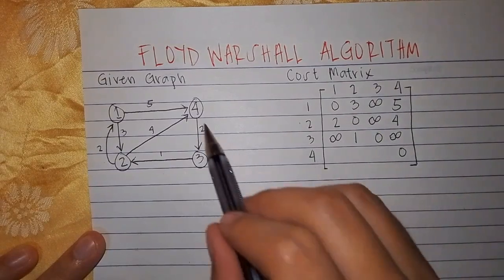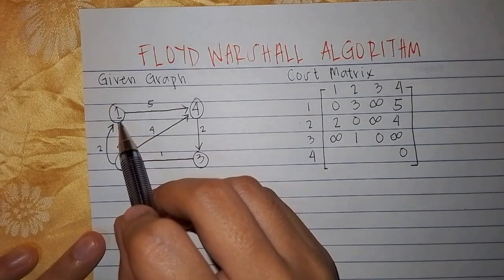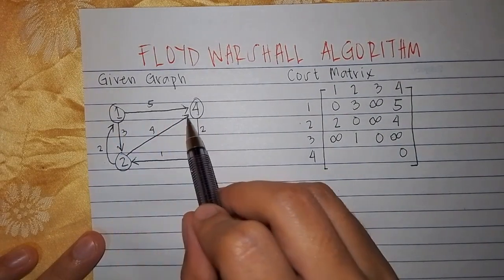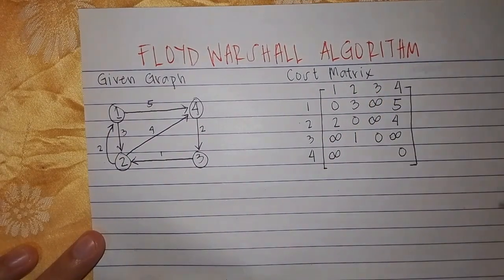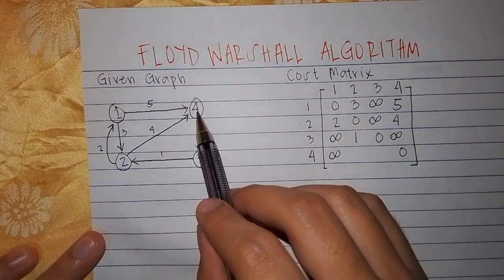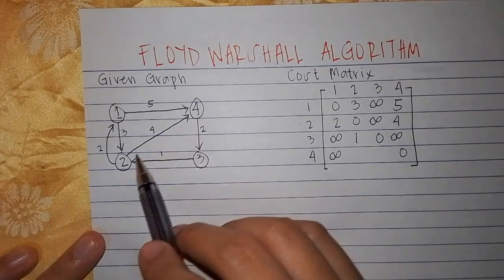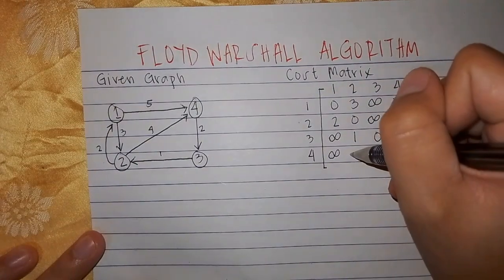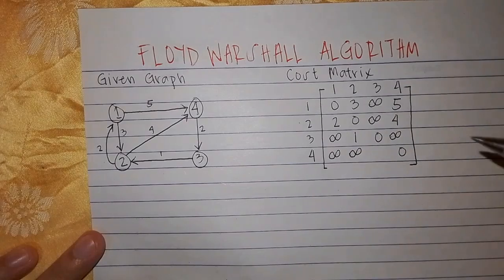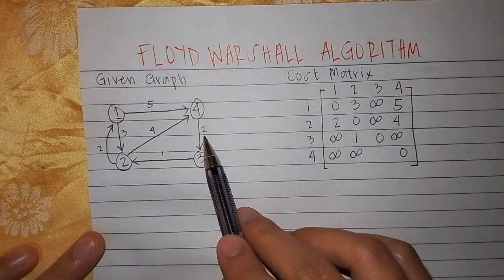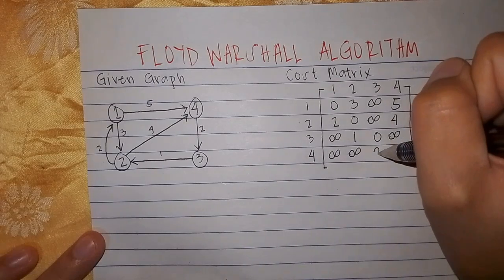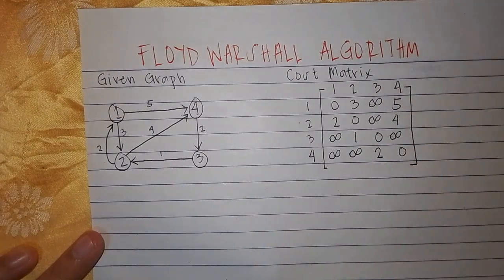Then 4 to 1, there is no directed path also, so we consider this as infinite. And the same for 4 to 2, it is infinite because there is no directed path. And lastly, 4 to 3, the distance is 2. So this is the cost matrix.